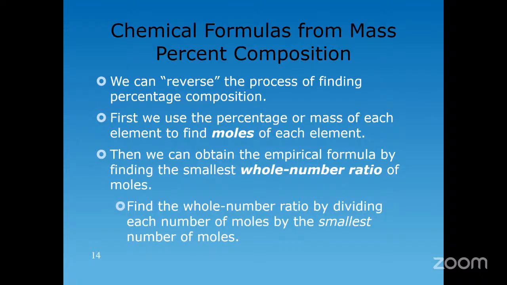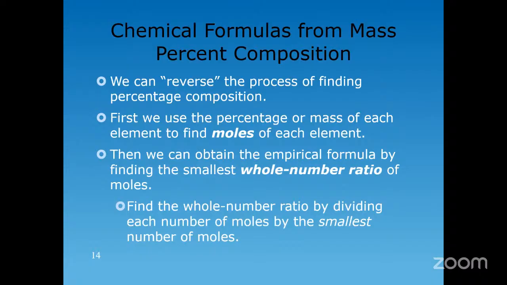Now, to get to the empirical formula based on percentage data, what we need to do is find out the moles of each element present, right? Now, in order for us to do that, if you're given the percentage data, you have to assume that you're working with 100 grams of the substance. Because if you make that assumption, then each percentage value represents the mass per 100 grams of the substance, right?